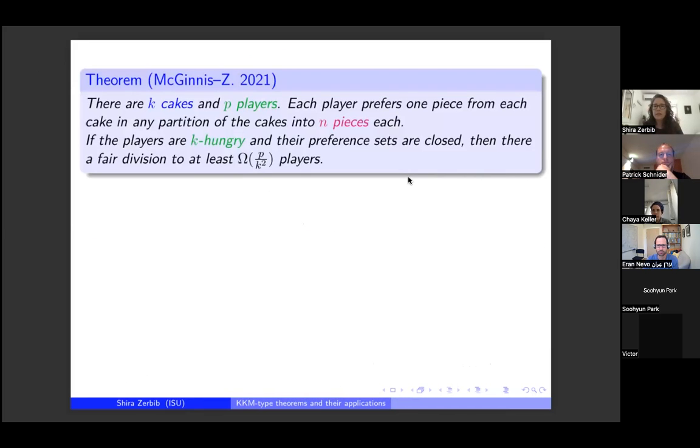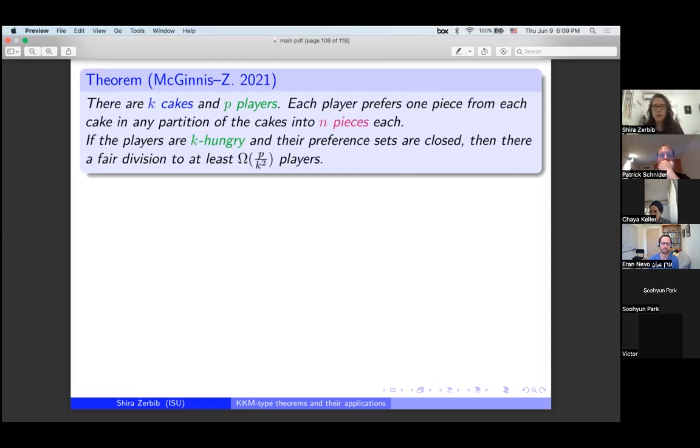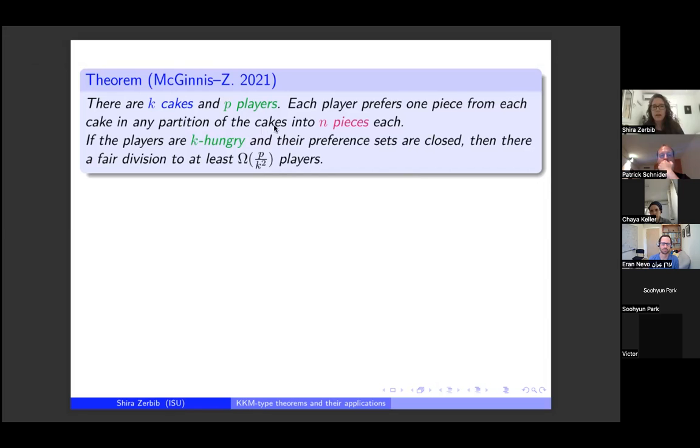But here is a sparse colorful generalization of this multiple cake fair division theorem. As Soberón did in the case of one cake, we can do now in the case of k cakes. So again, there are k cakes, n players. Each player prefers one piece from each cake in any partition of the cake into n pieces each.